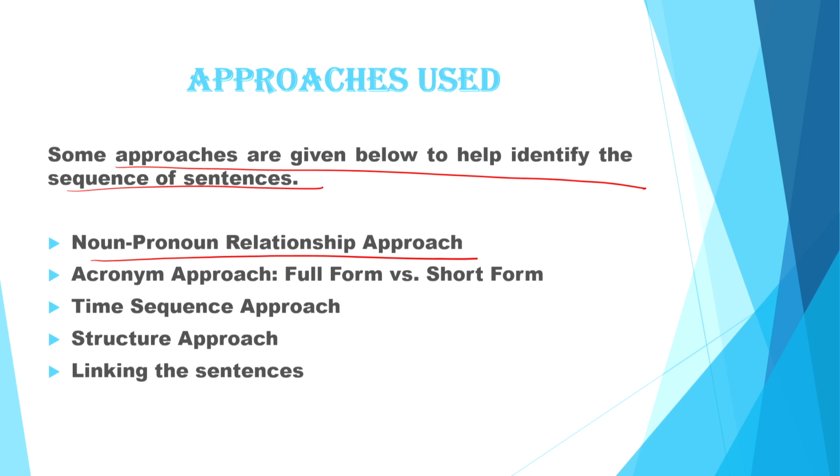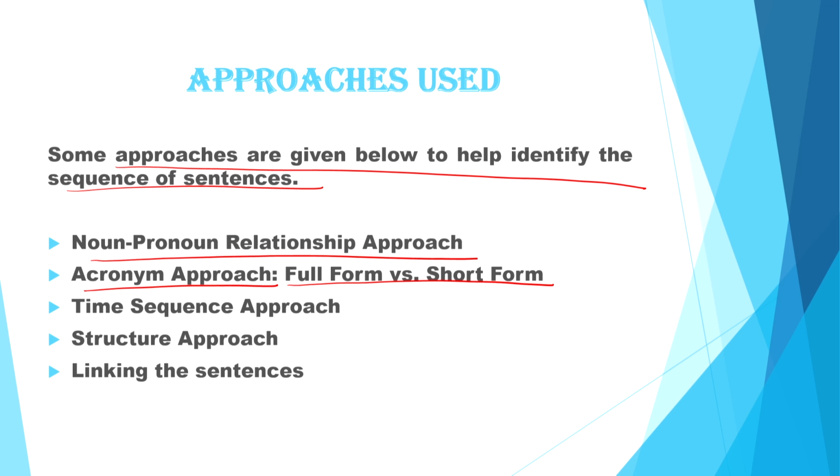So, now moving on, our next approach is the acronym approach, full form versus short form. When we introduce someone or something, we use the complete name or title. When we refer to the same someone or something later in the paragraph, we use just the surname, or the first name if we are on familiar terms with the person being discussed.